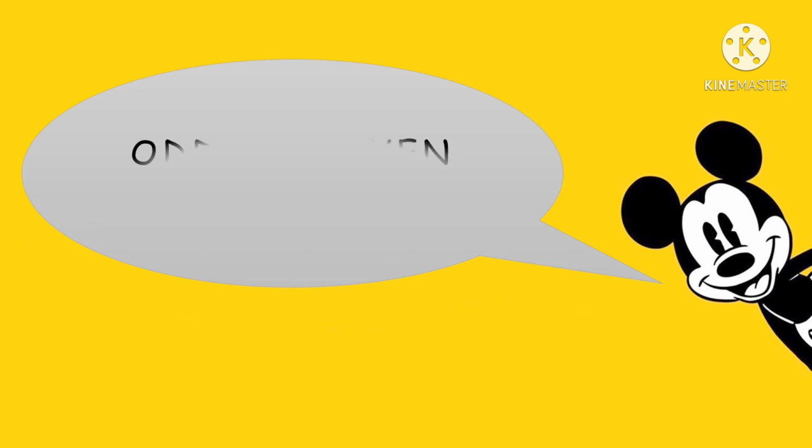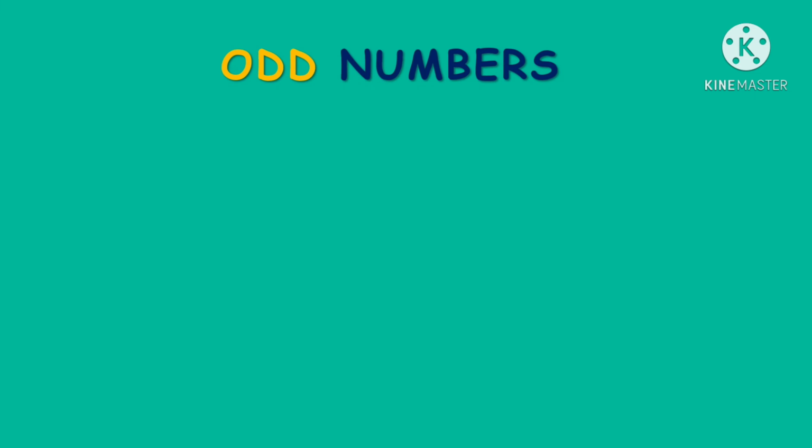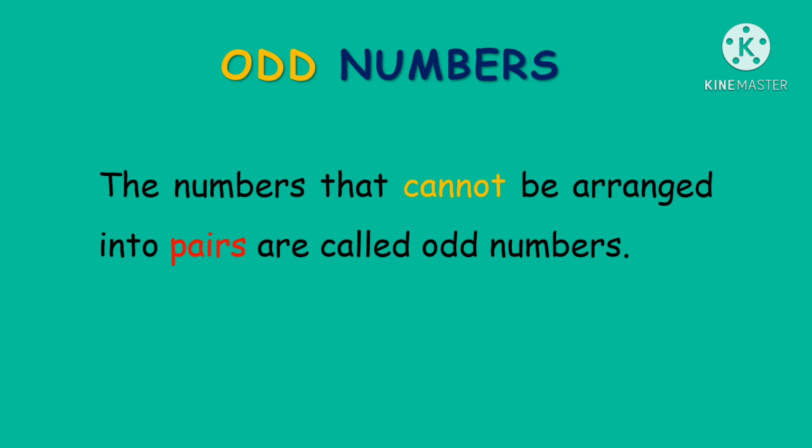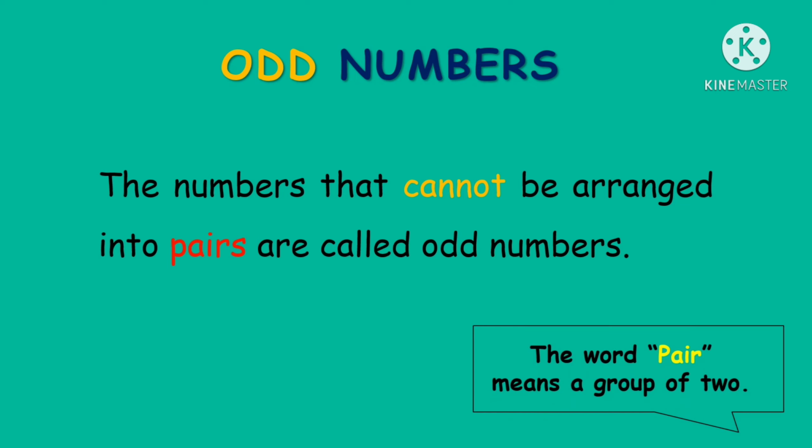Now we will learn odd and even numbers. Odd numbers. The numbers that cannot be arranged into pairs are called odd numbers. Now, the word pair means a group of two. So let us see an example to understand the odd numbers.